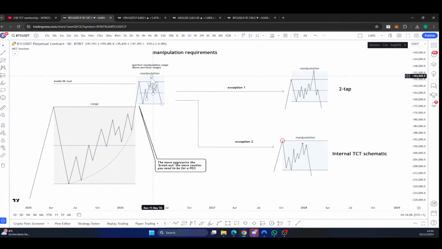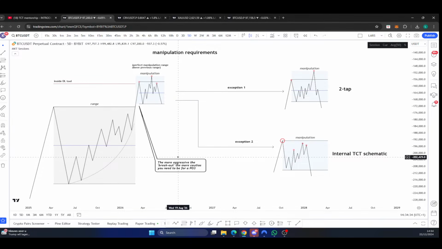Okay, it can be a model 1 or a model 2. So you want to break out of the previous range, stay inside of your DL2 while creating a perfect manipulation range above that previous range high. That needs to be a distribution model in case of a bearish PO3 or an accumulation model in case of a bullish PO3.